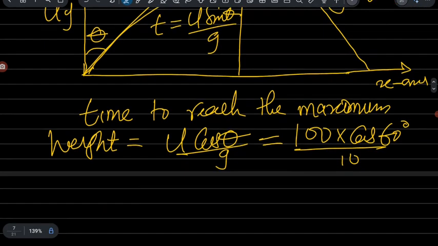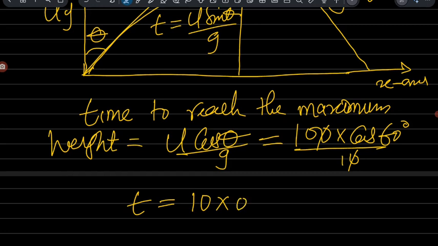So therefore, we have small t is equal to, we cancel this, we have 10 multiplied by 0.5, which will give you 5 seconds.